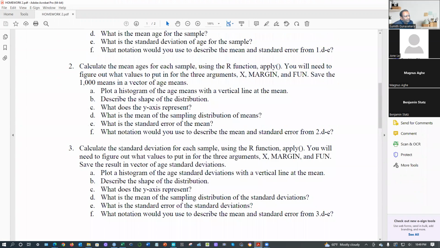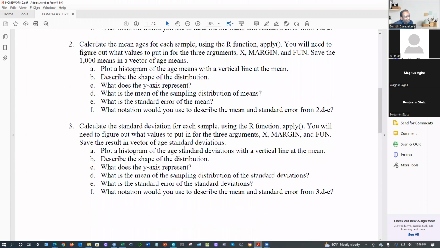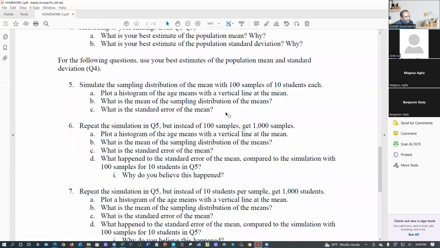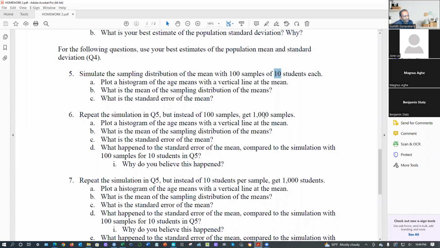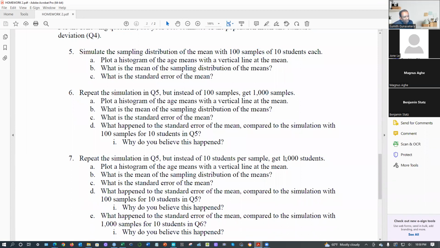Our function apply, you can use apply. We're going to talk about more ways to get this done in one shot. See, the mean with 100 samples with 10 students. Instead of 100 students, try with 10 students. Then next, 100 samples with 1,000. Instead of 100 samples, get 1,000 samples. I'm going to increase the number of samples rather than the number of students. Keep the same students. But instead of 10 students, now go to 1,000 students.